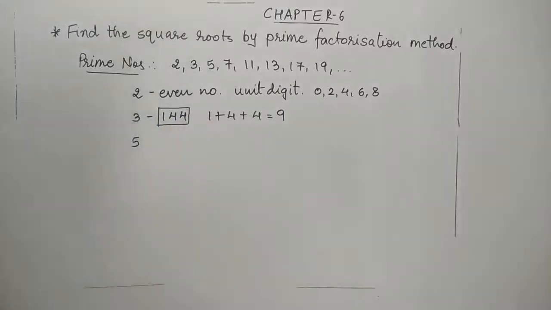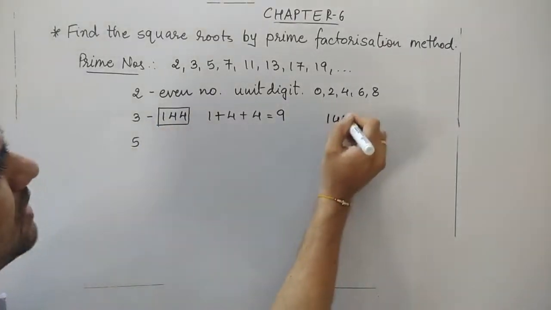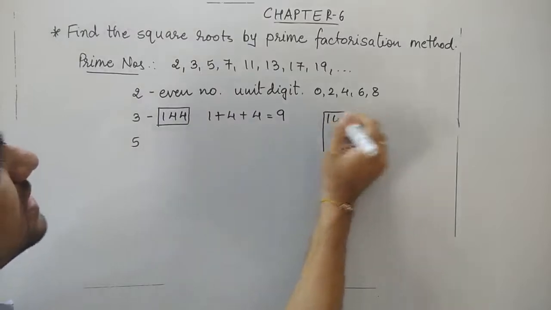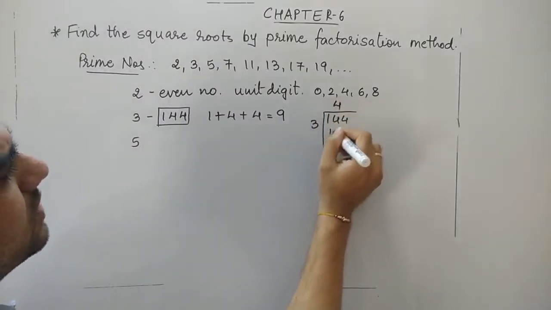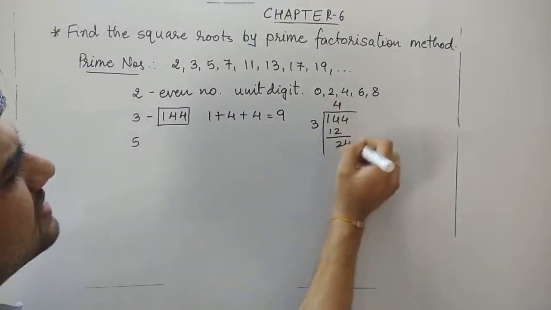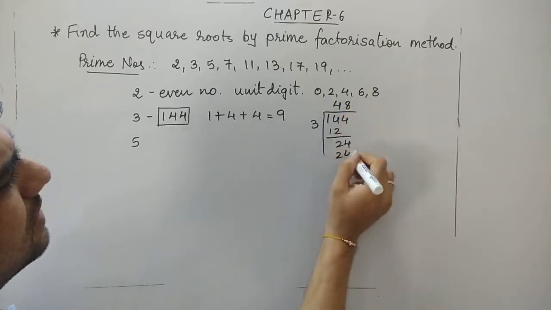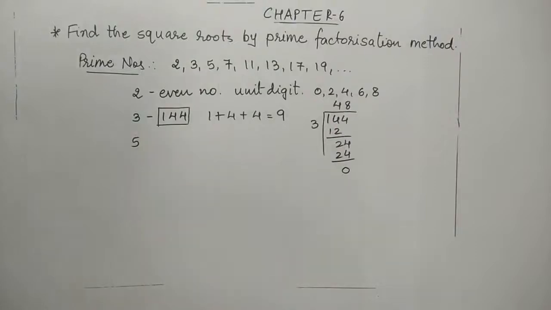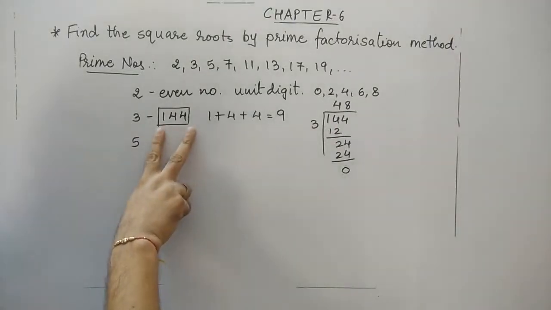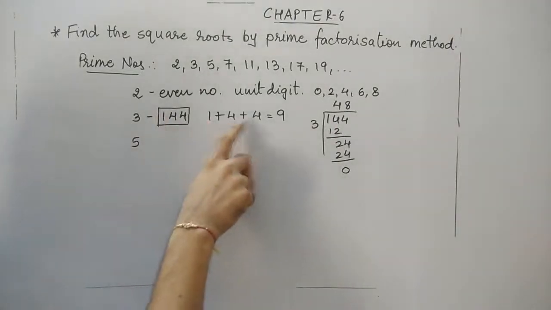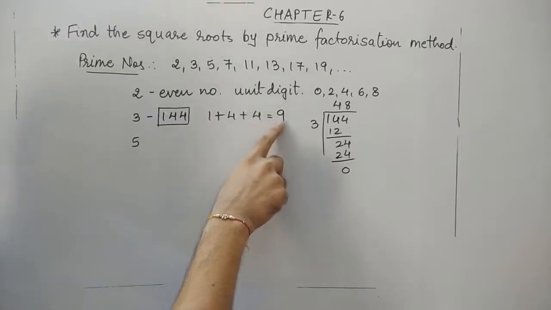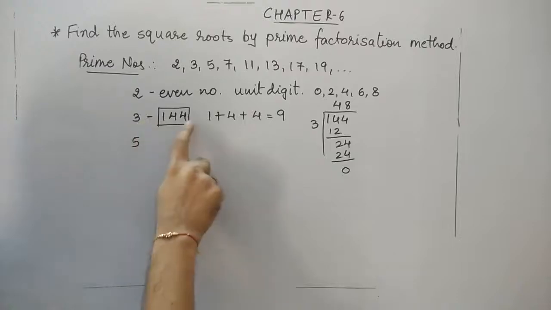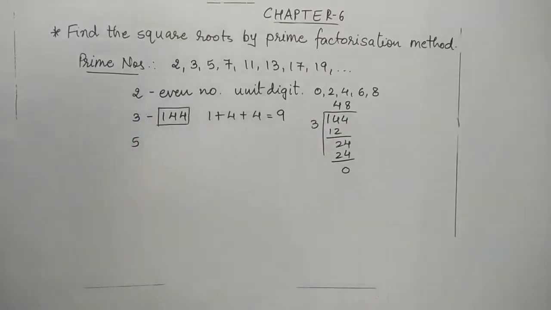So this number must be divisible by 3, meaning 144 should be divisible by 3. 3 4s are 12 and 3 8s are 24. So you can see that 144 is divisible by 3. So what is the key of this divisibility? If the sum of the digits is divisible by 3, then the number must be divisible by 3.